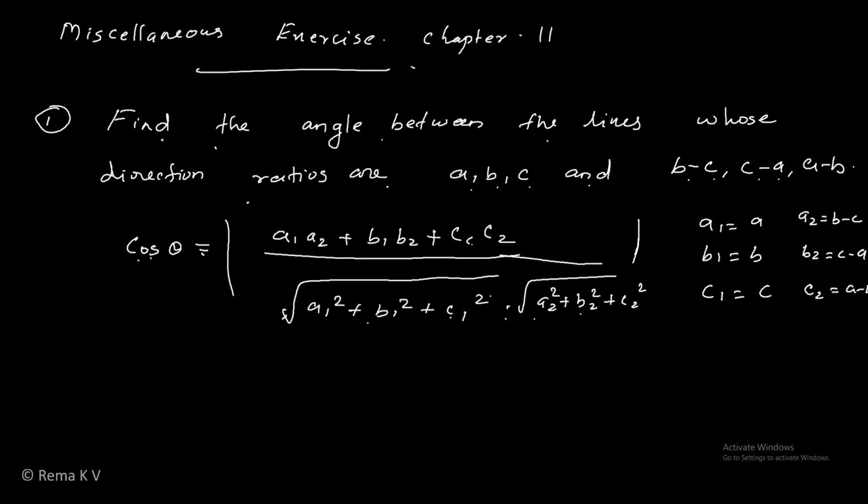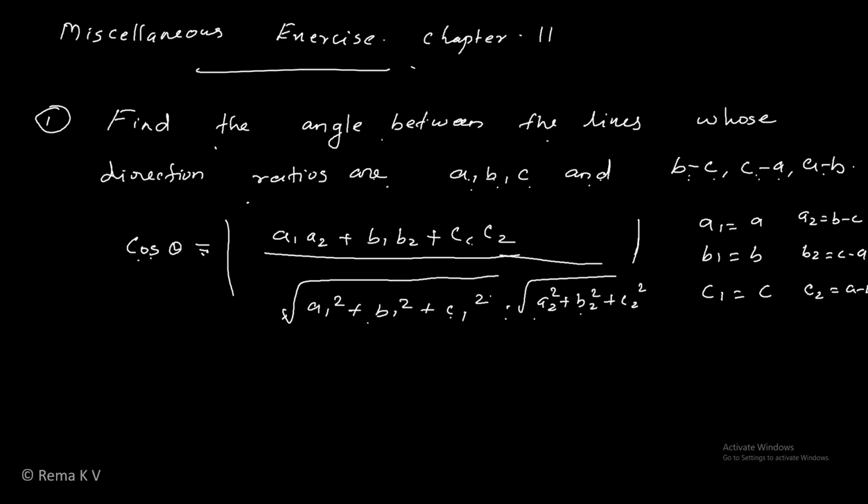Here it is. Find the angle between the lines whose direction ratios are A, B, C and B minus C, C minus A, A minus B. Okay. So we are considering two lines here. You know how to find the angle between two lines.